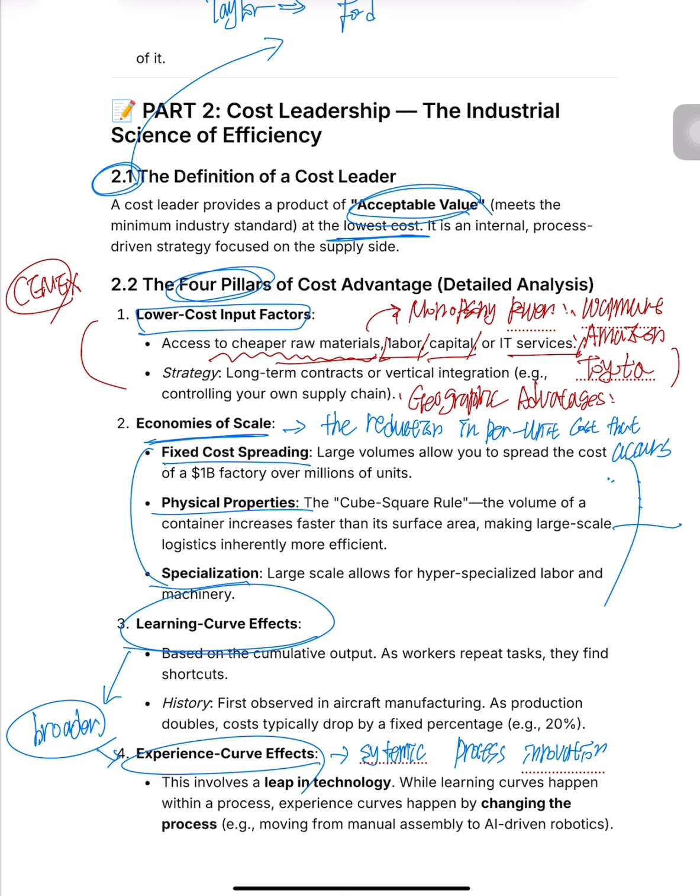It encompasses not only learning but also process innovation, technological substitution, redesign of product architecture, and the structural improvement of the firm's entire operating system over time.